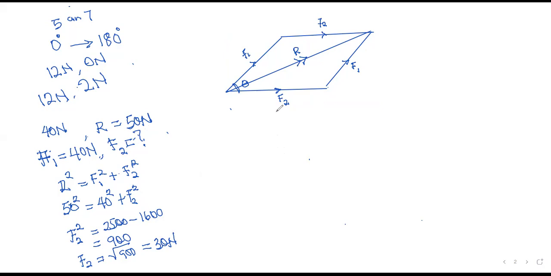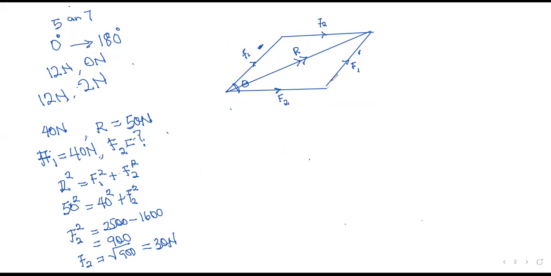Their directions also obey the triangle law, so these two can be represented as the sides of a triangle. Because this one and this one are parallel, parallel lines have the same slope.